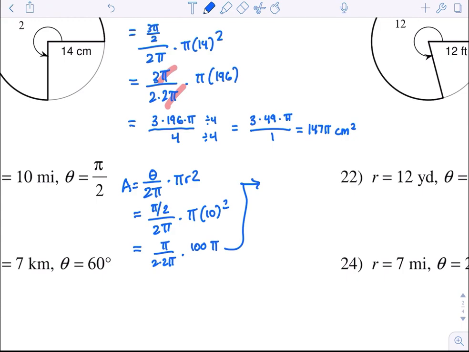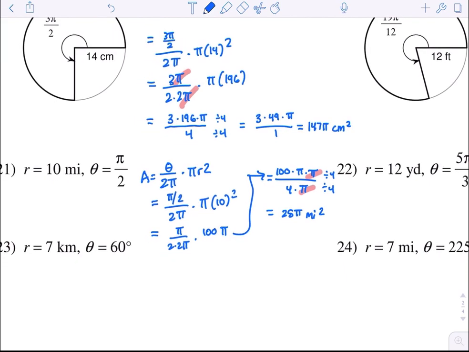And this, you guys, is going to be 100 times pi all over 4 times pi. Well, we know pi's cancel, and we know that if we divide top and bottom by 4, we are going to be getting 100 divided by 4 is 25 pi, and 4 divided by 4 is 1. So 25 pi miles squared.